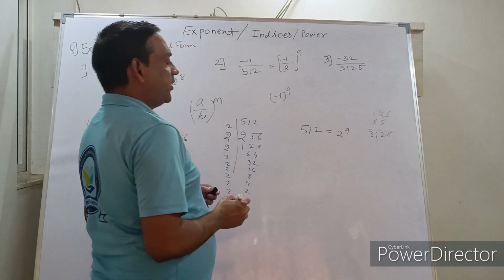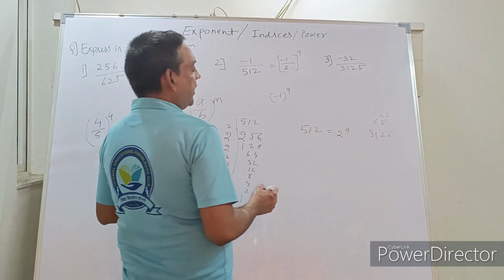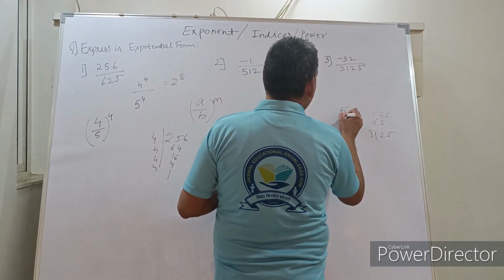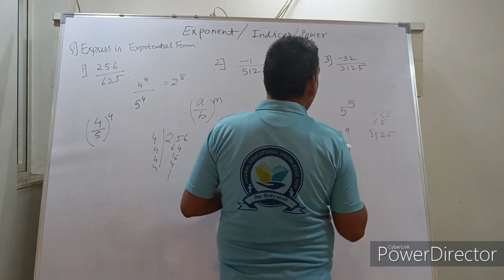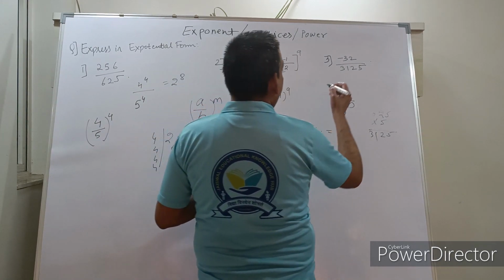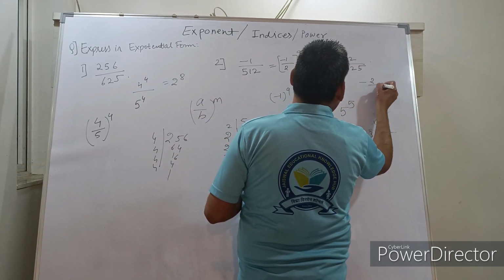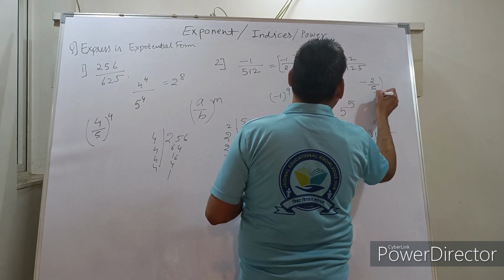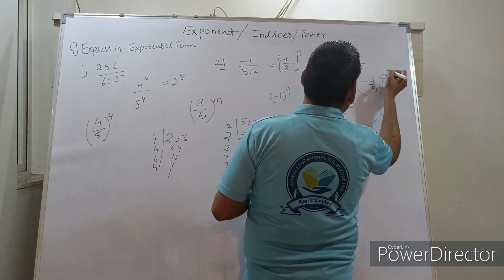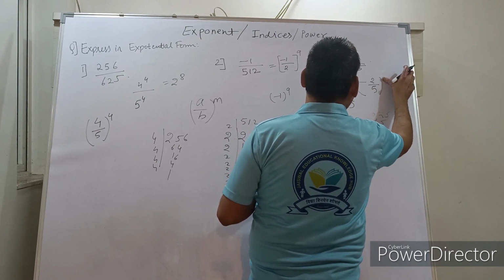So 3125 is 5 raised to 5, and this 32 is 2 raised to 5. So minus 2 upon 5, whole thing raised to 5, not 3.